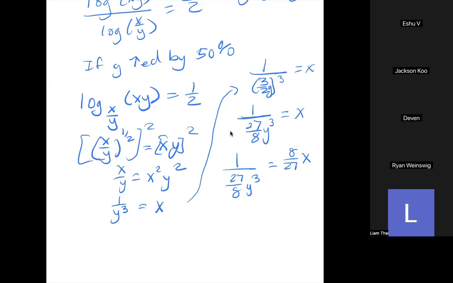Because if I solve for x again, to isolate x to see what x's relationship is to y, I divide both sides by 8/27, right?